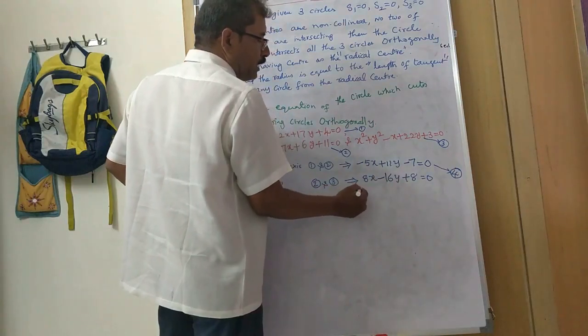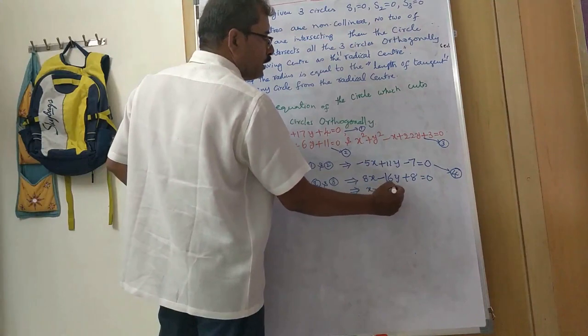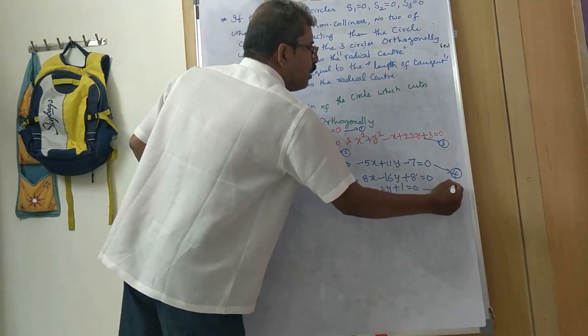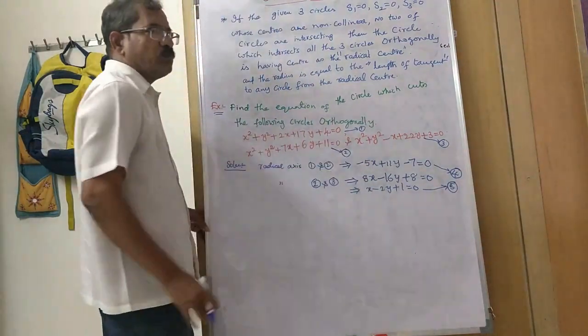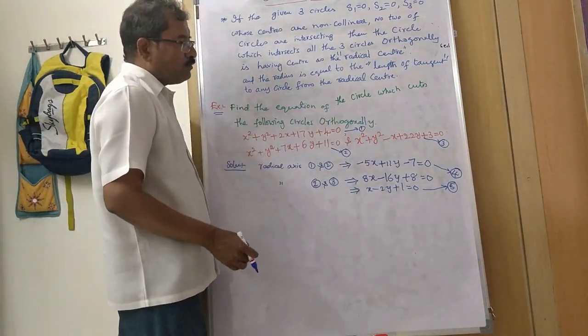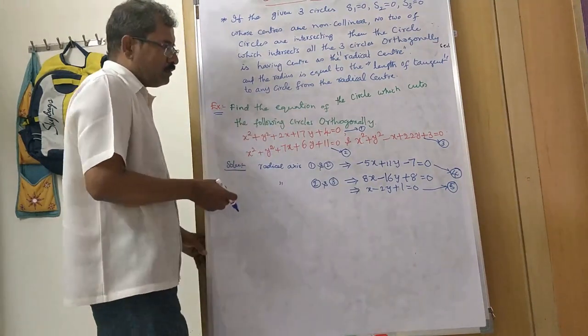Or you can write it as, dividing by 8, x minus 2y plus 1 is equal to 0. This is my equation number 5. By solving these 4 and 5, these two are enough, you get the x and y value. That gives you the radical center. Alright?